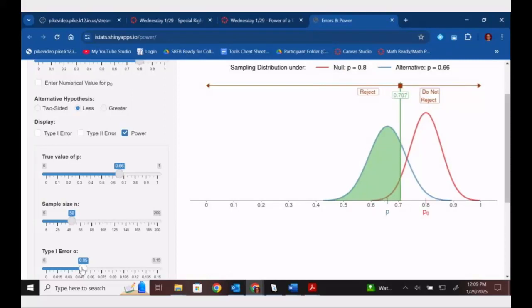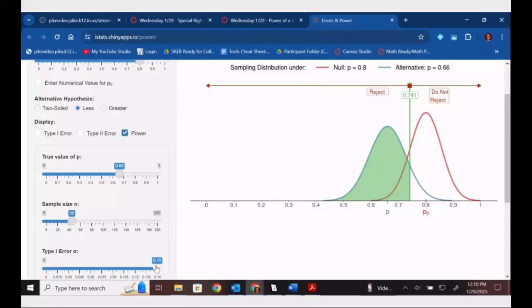All right. Alpha level. What changes when the alpha level gets bigger? What's changing? The shading is changing because what's moving? This line right here is moving, right? That line is where we would reject or fail to reject.